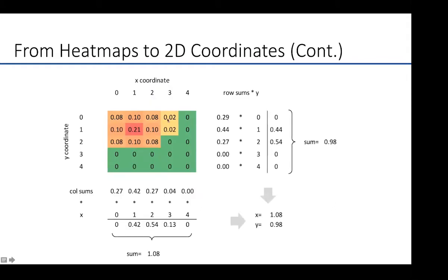This is our heat map, and we calculate the sum along the y coordinate. It is a kind of votes multiplied by the exact y coordinate 0, 1, 2, 3, then added, and the result will be the 2D location. The same for x: we sum all the votes for each location, multiply, add, and round the result, because we have only pixels.